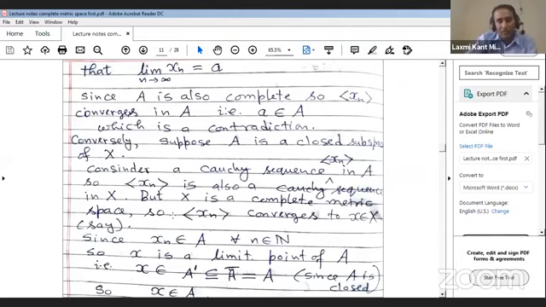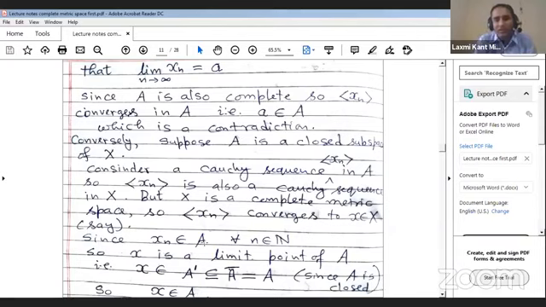Since xn is a sequence in capital A, the small x is a limit point of capital A.